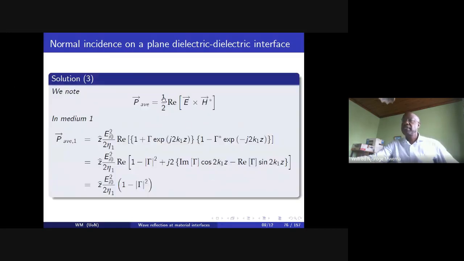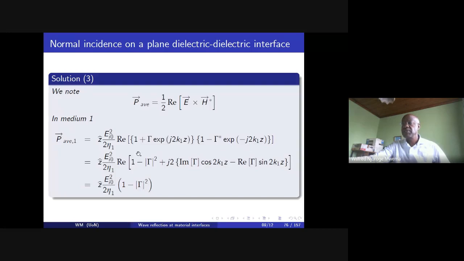So we note that the average Poynting's vector is given by half the real part of E cross H conjugate. For medium one, using the equations we already got before, it is the real part of the electric field intensity E1 crossed with the magnetic field intensity H1.